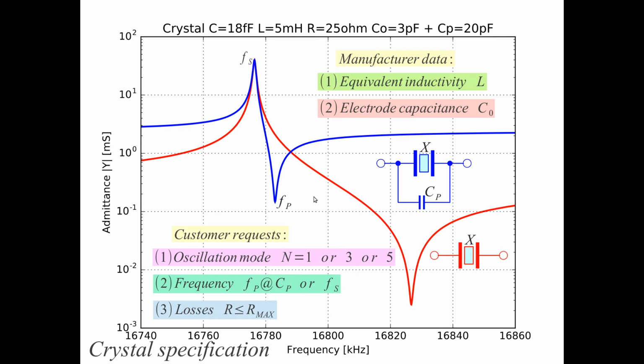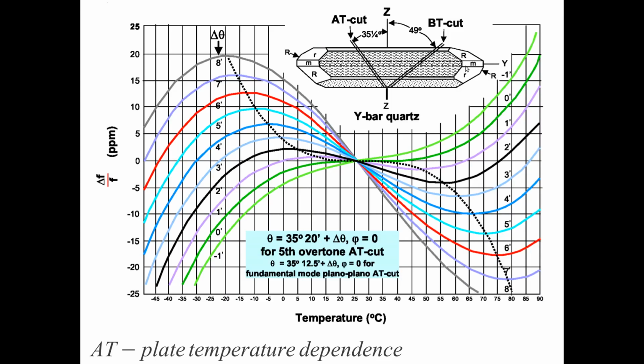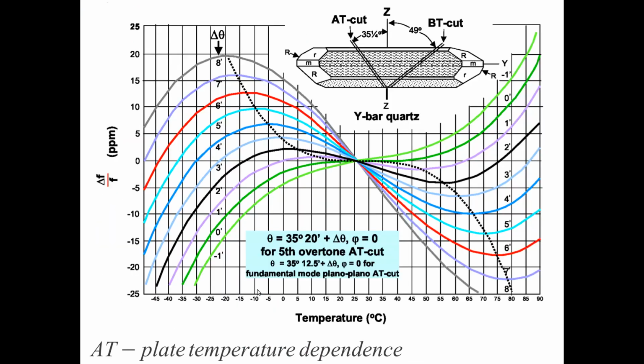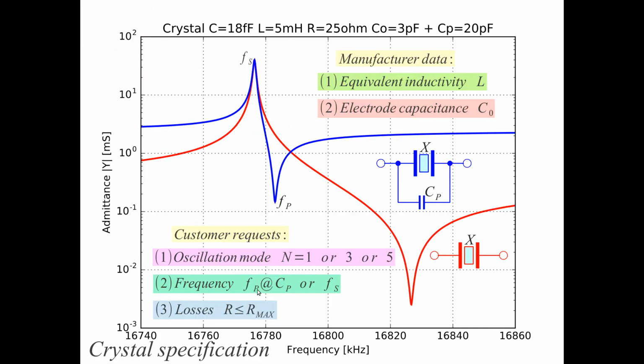So how do we have to specify a quartz crystal if we are ordering a crystal from a manufacturer? The manufacturer will take the equivalent inductivity of his resonances. This inductivity, we saw, is almost the same regardless of the overtone. All overtones have the same inductivity, but what we have to specify to the manufacturer is the oscillation mode.